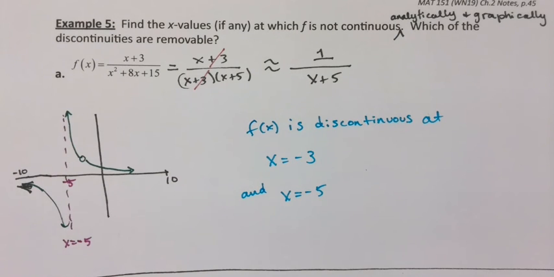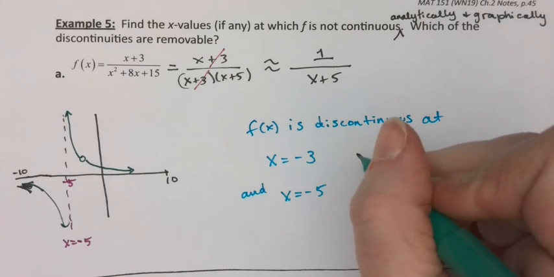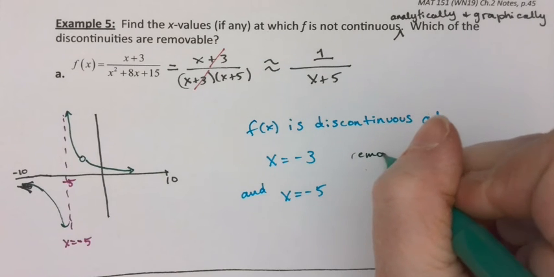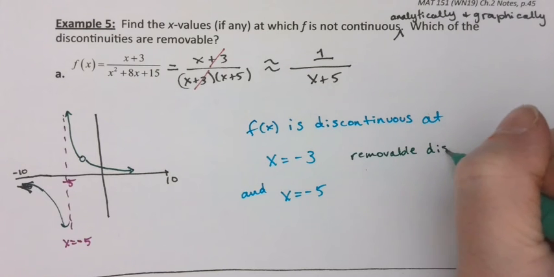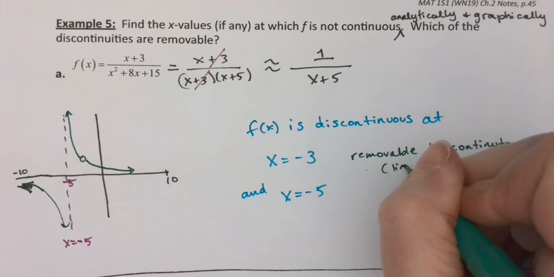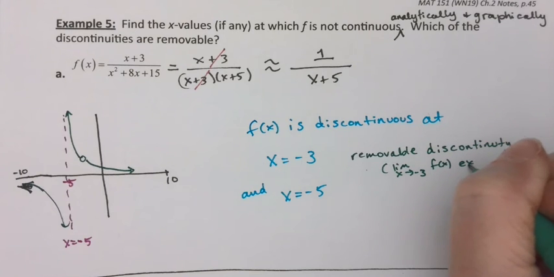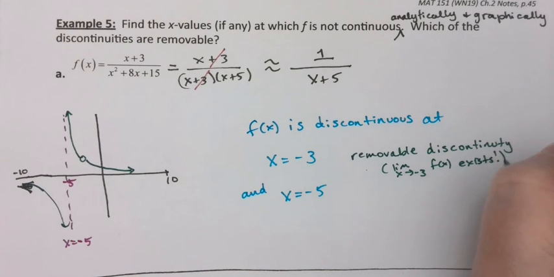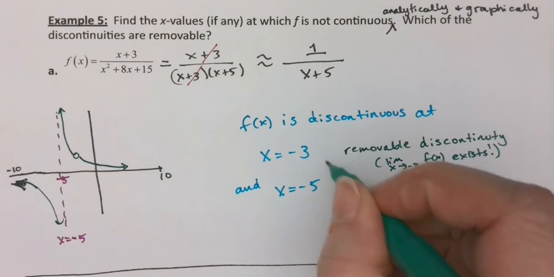Now -3 is a removable discontinuity. There's a limit there, right? And that's what this equivalent expression is getting for us. So this is a removable discontinuity. That's because the x plus 3 divides away, right? In other words, the limit exists. The limit as x goes to -3 of f of x exists, right? But x equals -5 is a non-removable discontinuity.